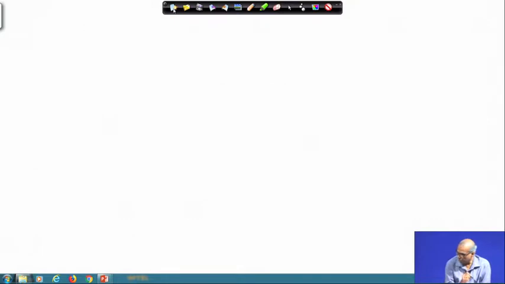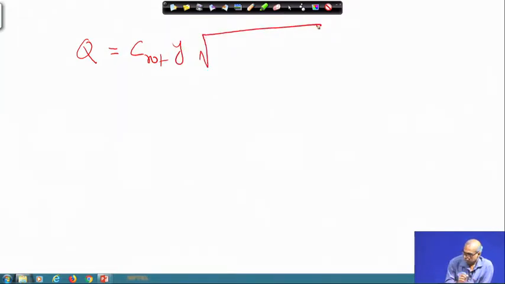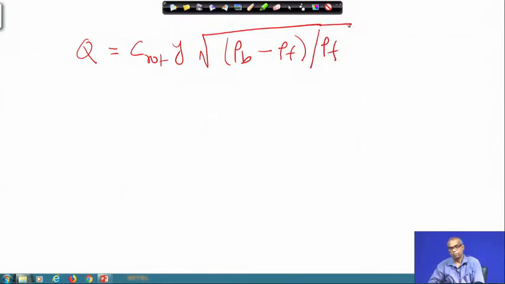So, if you remember, the flow rate expression for rotameter was Q equal to rotameter constant C, the rotameter reading y, density of the float minus density of the liquid divided by density of the liquid. So, this was the expression for the flow through rotameter.